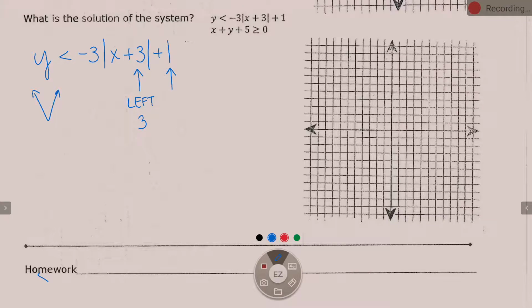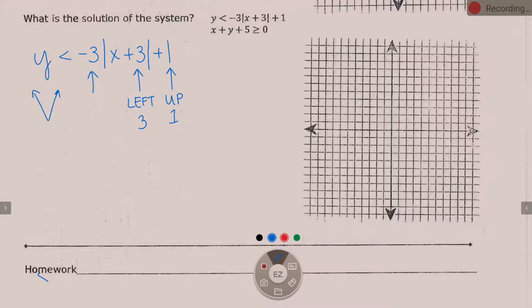The plus 1 outside tells me to go where? Up or down, the direction of the sign. So we're going to go up 1. What does this -3 act as? It's a stretch of 3, and with a negative it means a reflection.